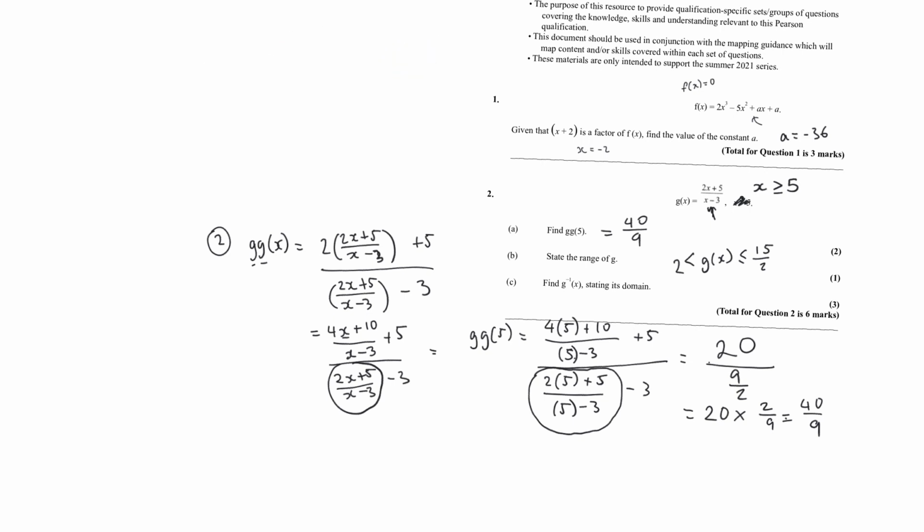And then for C, we need to write inverse g of x, g to the minus 1. When it comes to writing the inverse, what I normally do is replace g of x, or whatever function it is, with y, and then I write the formula.